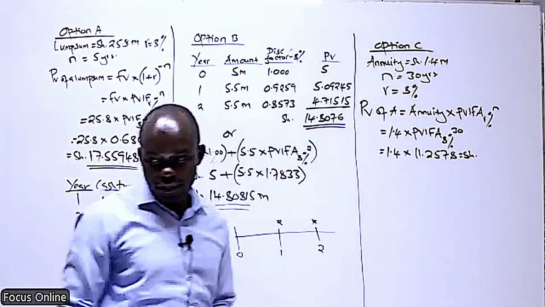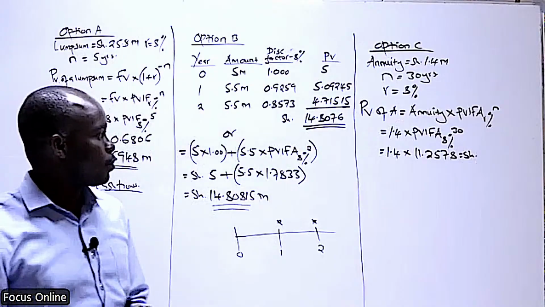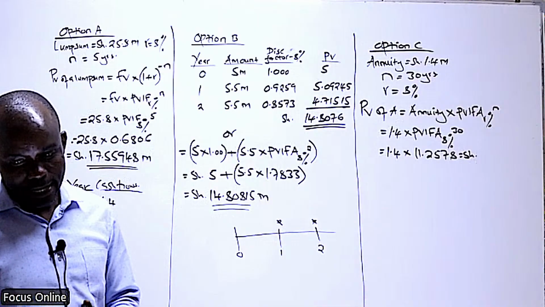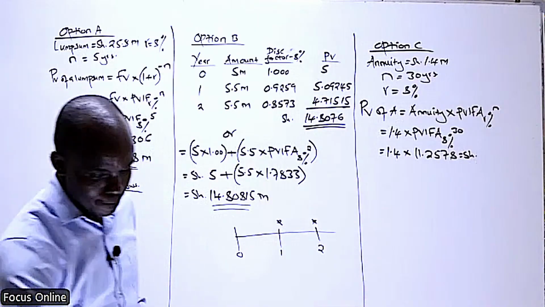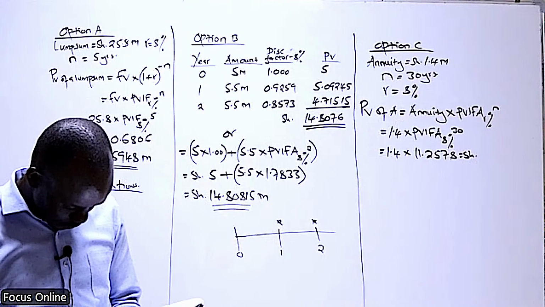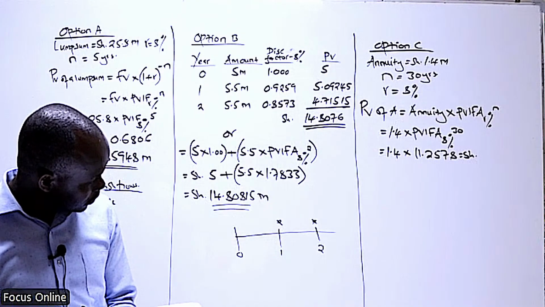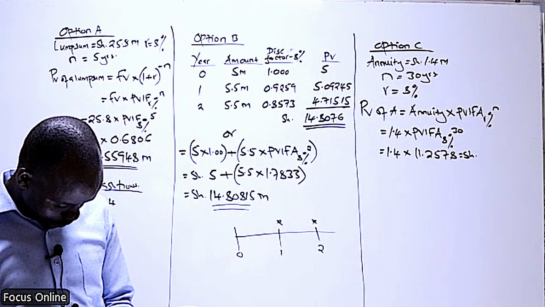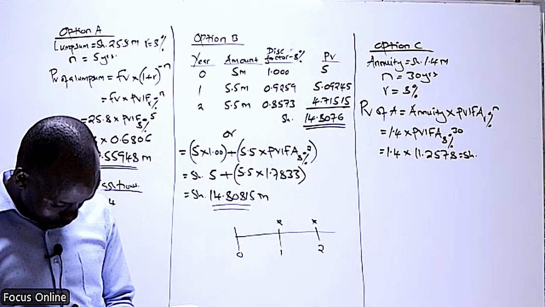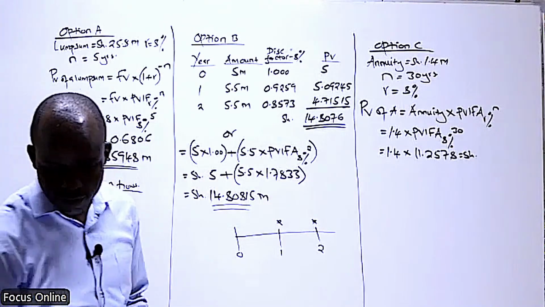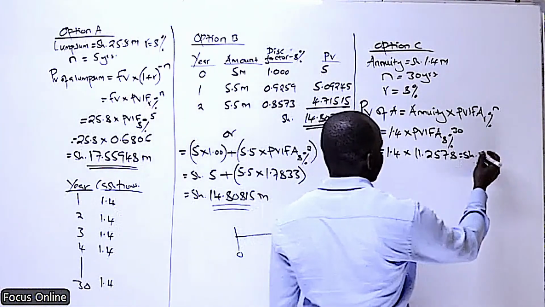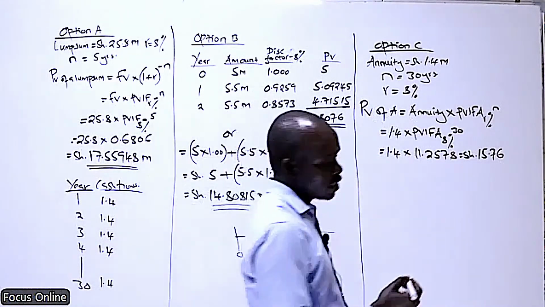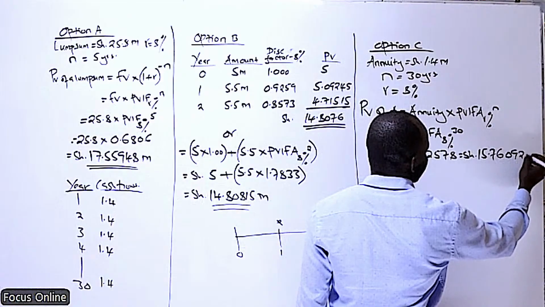So the total amount is multiplied by 1.4. Multiply by 1.4, and you get $15.76092 million.